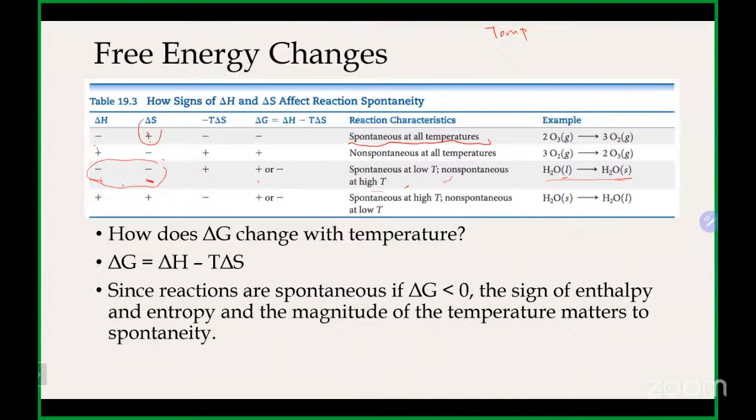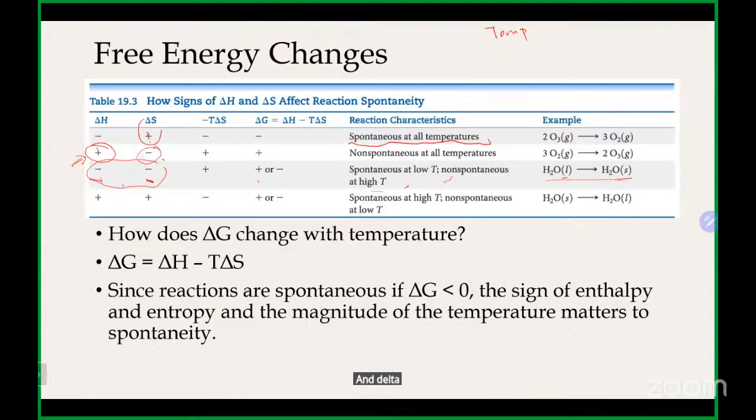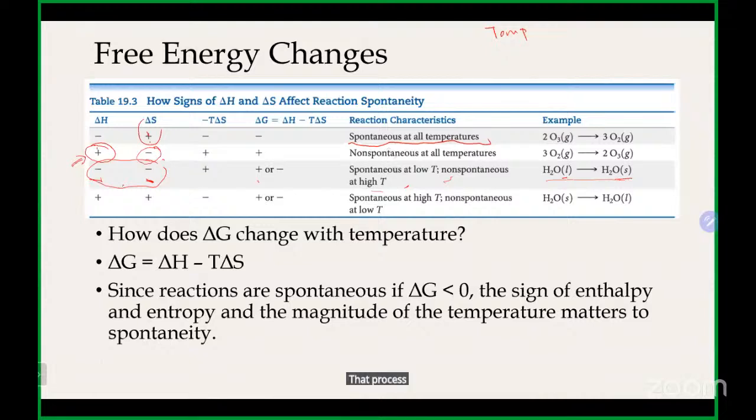Now, if your process is endothermic and delta S is negative, delta S negative means that you are moving towards orderliness. That process is not spontaneous at all, regardless of the temperature.